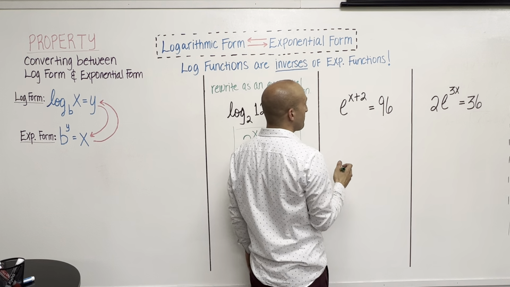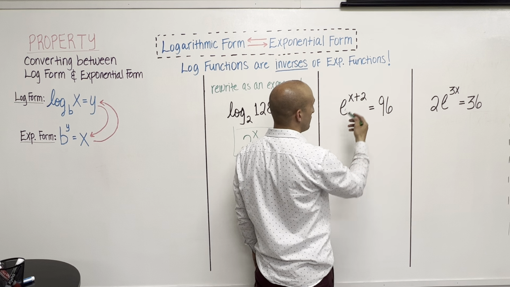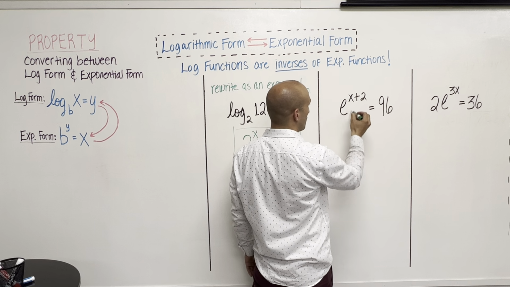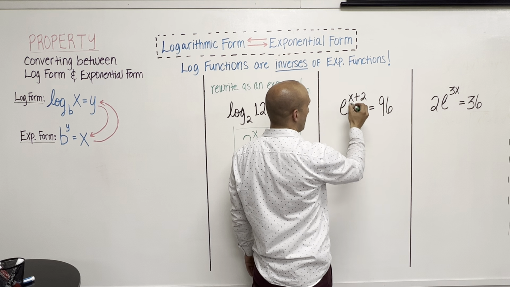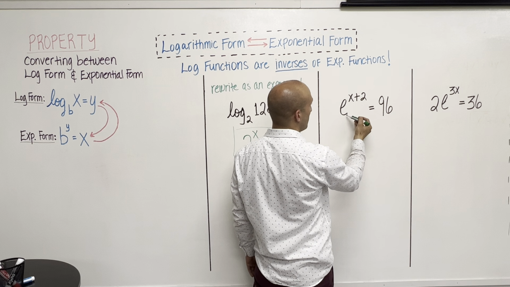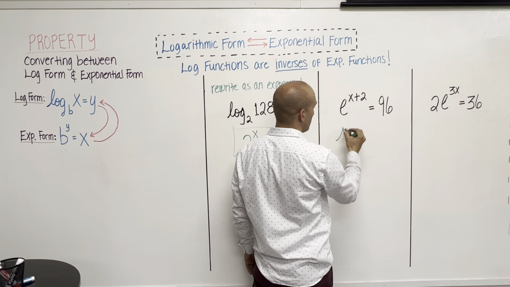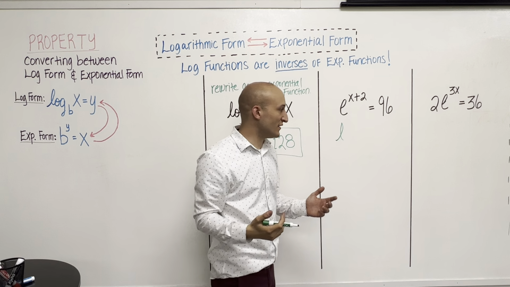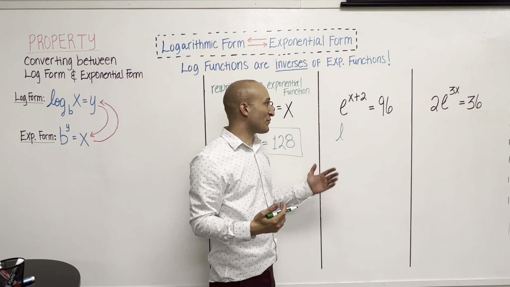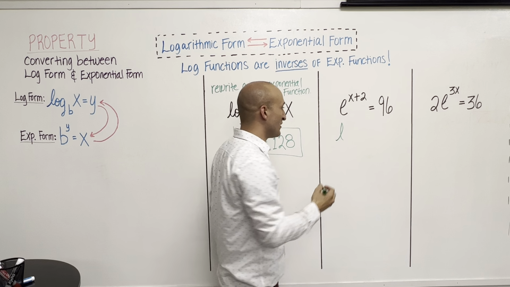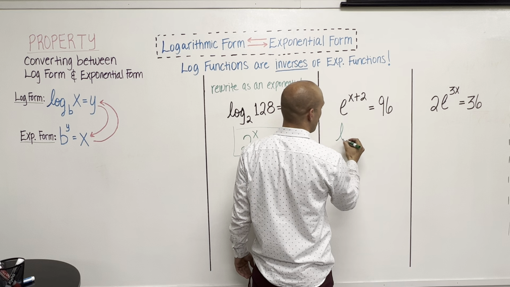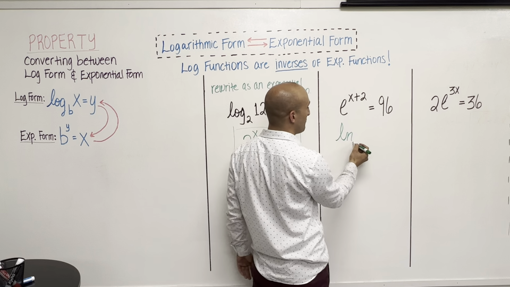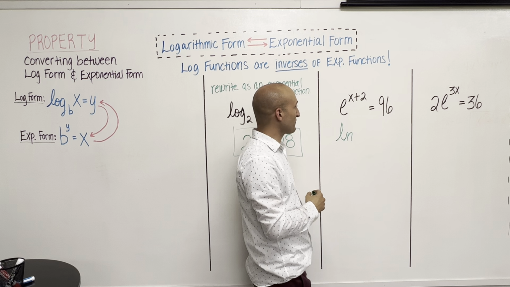Continuing here, this is exponential again, so we're going to change it to log form. We're going backwards. Whatever my base is will be my log base. If this is e, the constant e, I'm going to have a natural log. Remember that the natural log, or ln, has a base of e.